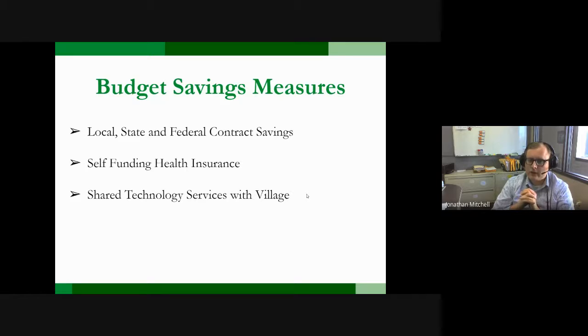And the district is currently midway through that first year of self funding, but has already seen opportunities for savings and has had good performance in that first year. So we are looking outside the box for those opportunities where we can see those health insurance savings.